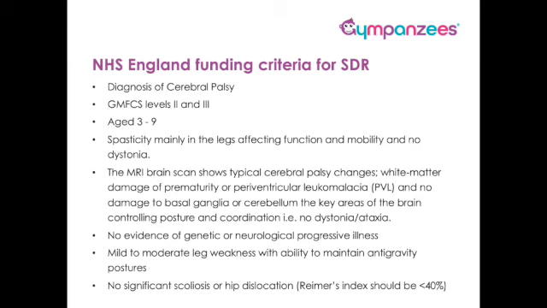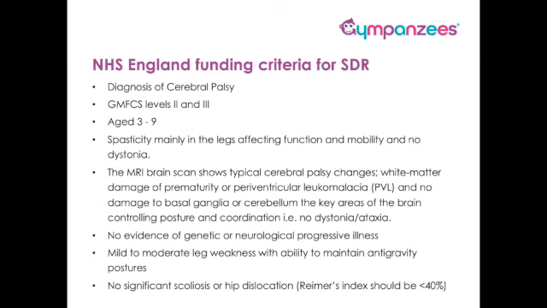There must be no evidence of genetic or neurological progressive illness. Sometimes children who present with typical movement difficulties of cerebral palsy don't have the damage on their brain MRI that we would expect, and they may go on to be diagnosed with something different. So it's really important that those children don't undergo an SDR.